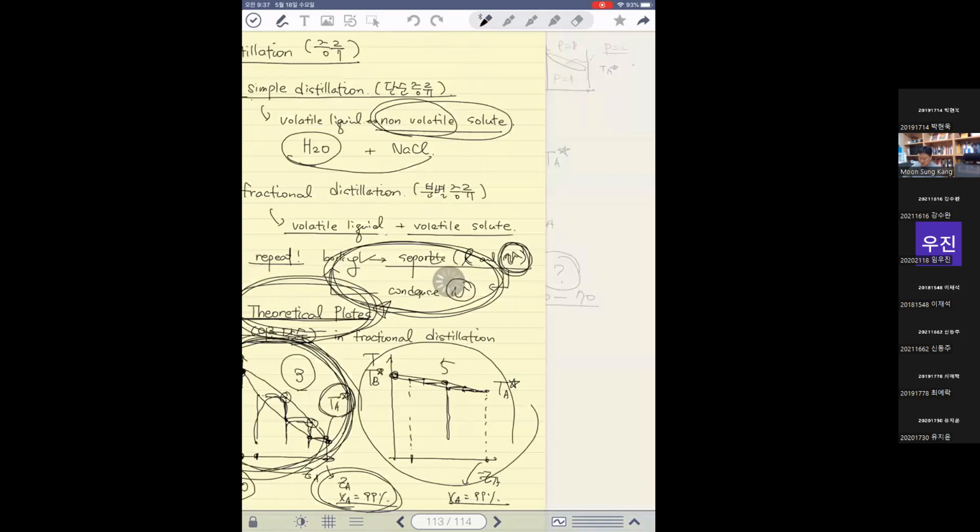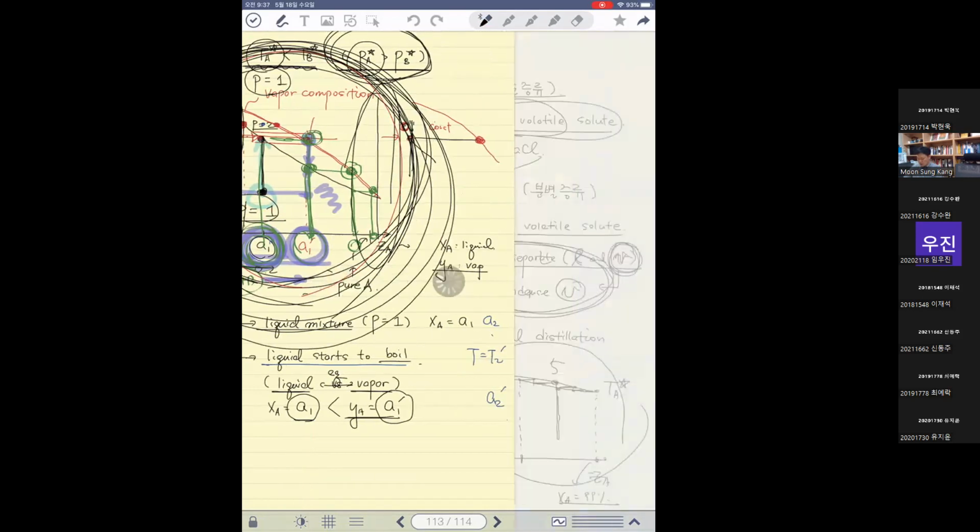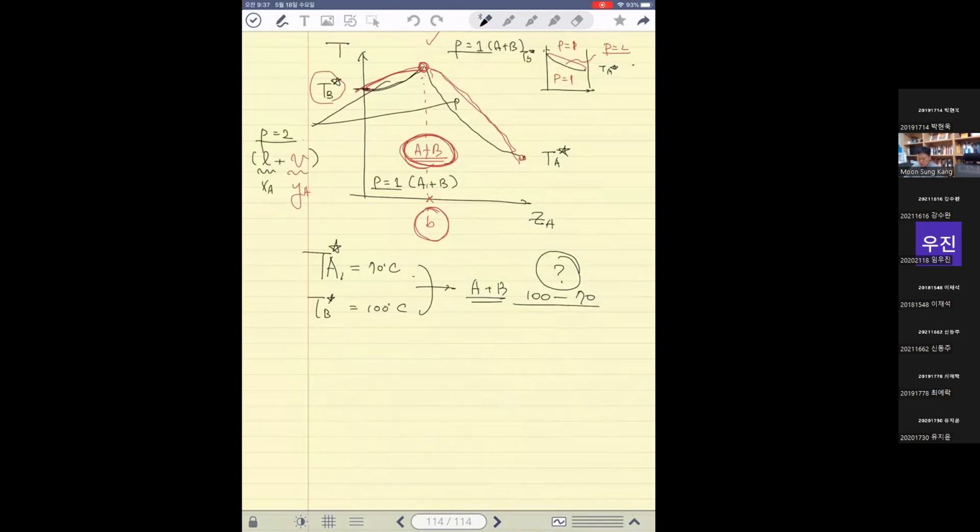And that was the case when we had a phase diagram that looks like this. But here, what this phase diagram tells you is that if I start from this composition, the boiling point is actually higher than TB star, and of course higher than TA star. So it tells you that the boiling point is maybe 130 degrees Celsius.